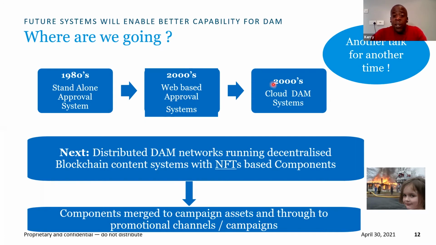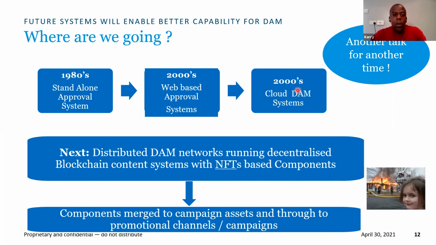In the 2000s, which is what most of you are working on now, are your cloud-based DAM systems. Great. However, the uniqueness of the approval and the assets that are approved and the security is still non-optimized, which is a barrier to operating all of your components and merging content properly.